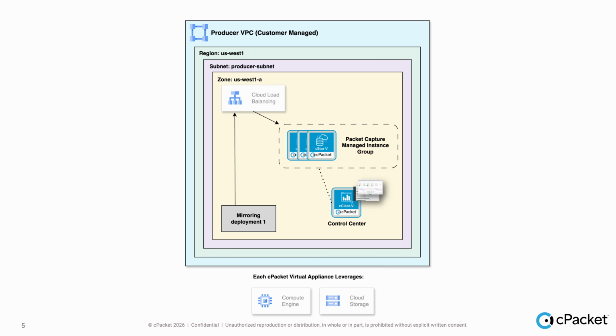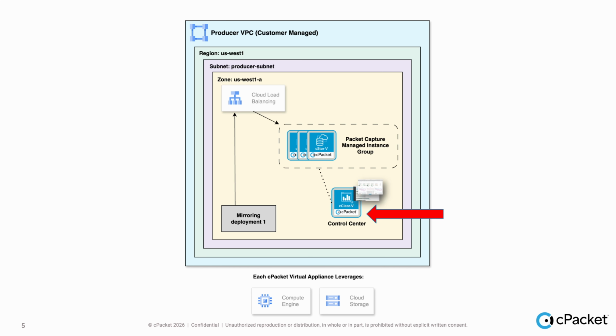Downstream from there, you see our cClear-V control center, which is what I'll be showing in our demonstration today. Our cClear-V can pull in metadata from cStors which live anywhere. You have these cStor-Vs capturing traffic from GCP, and we also have cStor appliances and virtual appliances which reside in data centers and other cloud environments, such as AWS or Azure.